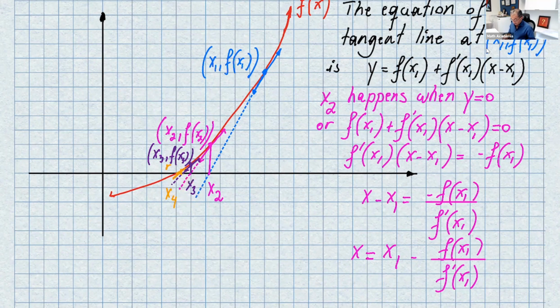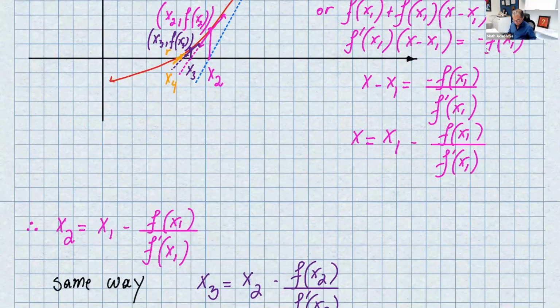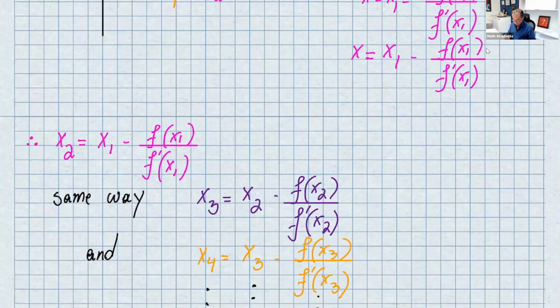The same way, now you don't have to solve it each time, you can just keep using the formula. So for x2, we said the value of x2 is x1 minus f of x1 divided by f prime of x1. Same way, once you find x2, then you can find x3, which is x2 minus f of x2 divided by f prime of x2, x4, and so on.